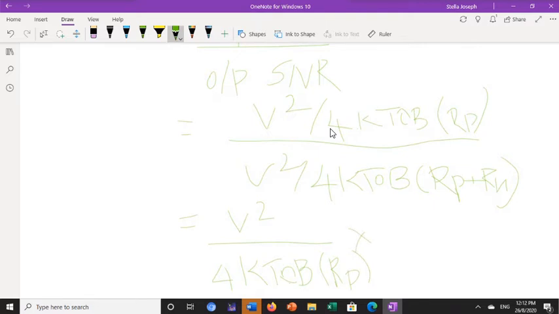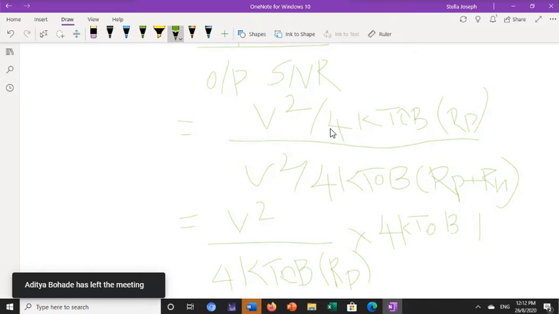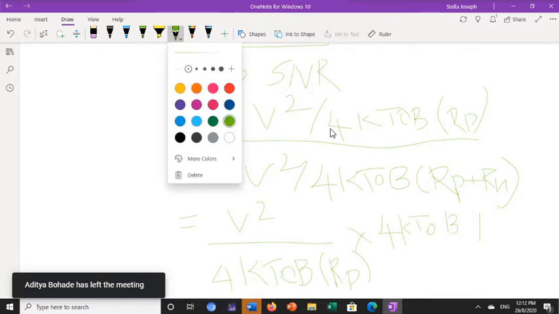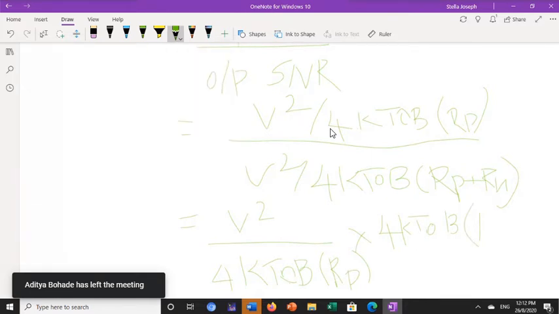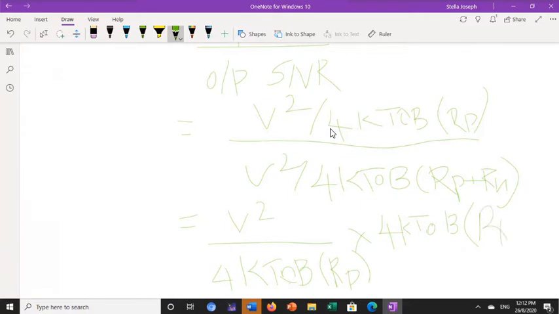into 4kT0B into Rp, Rp plus Rn, divided by V square.